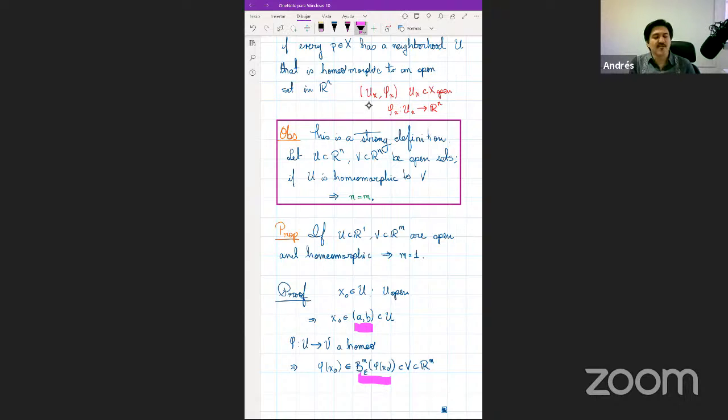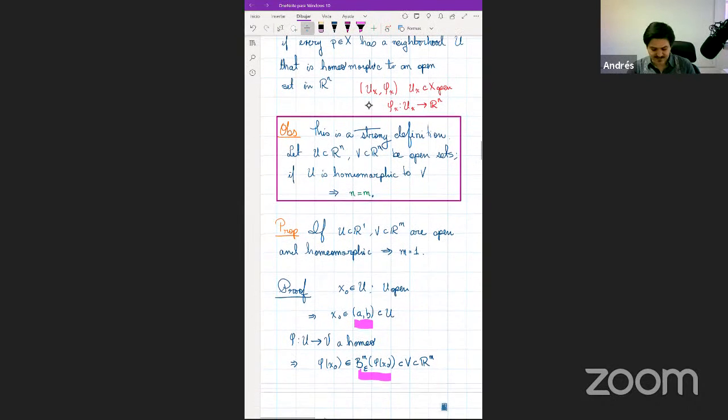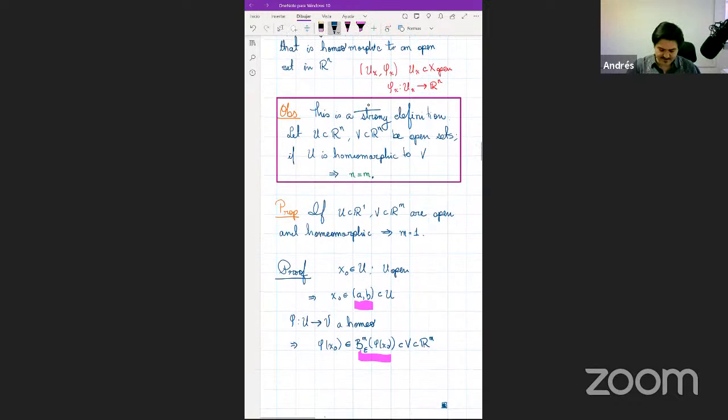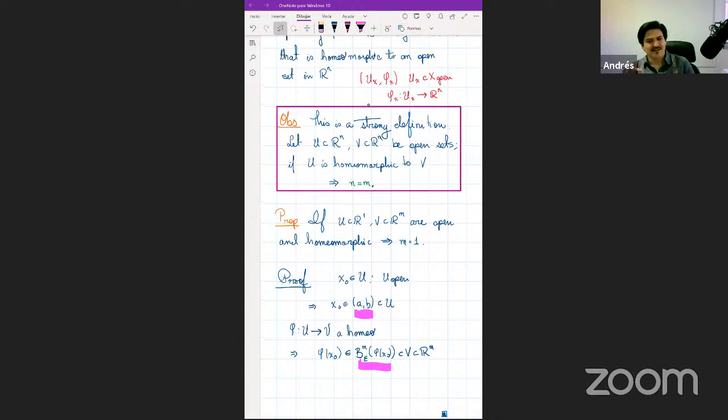An interval in R1 is a ball, basically, right? So that's what we're using. Okay. Is this clear? Any questions up to this point? Now, now it all relies on some pictures.